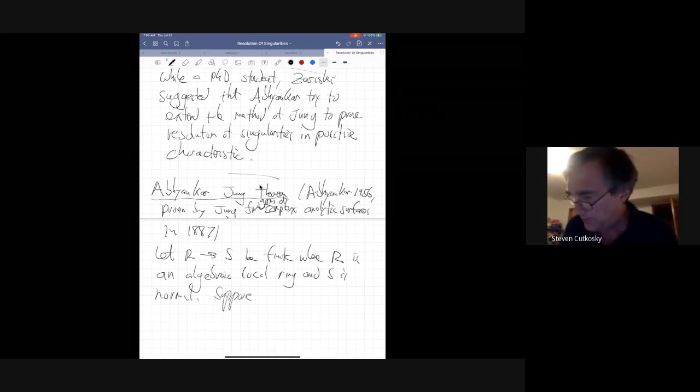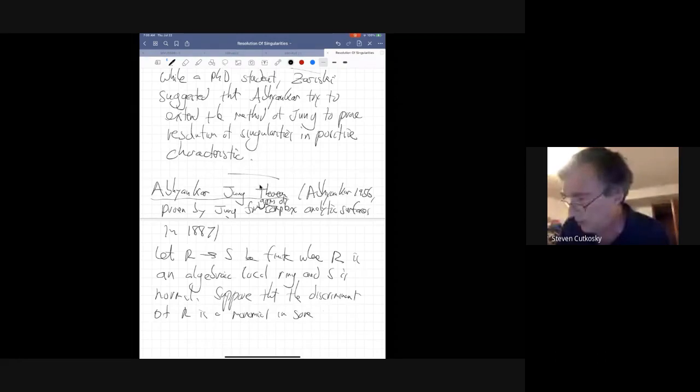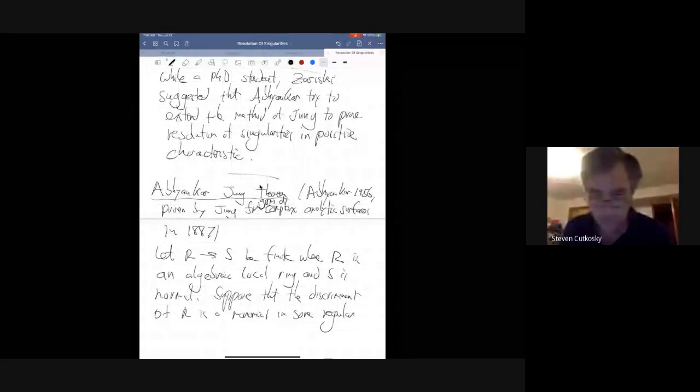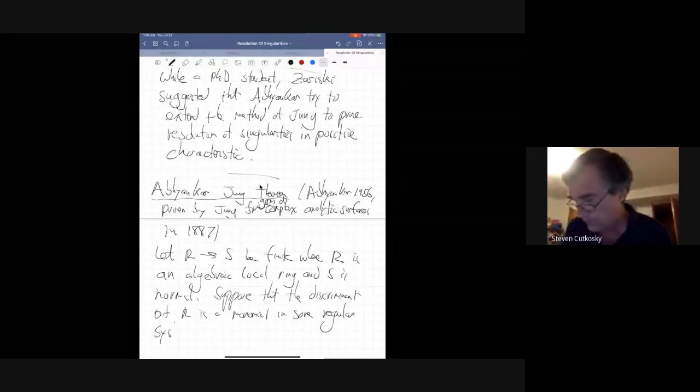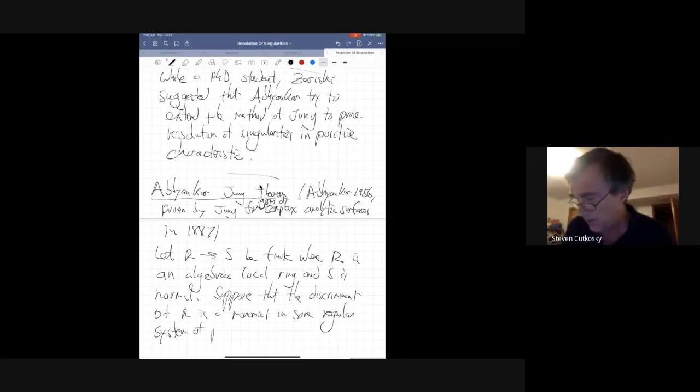Suppose that the discriminant of R is a monomial in some regular system of parameters x1, ..., xd of R.